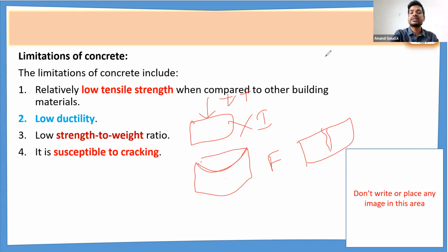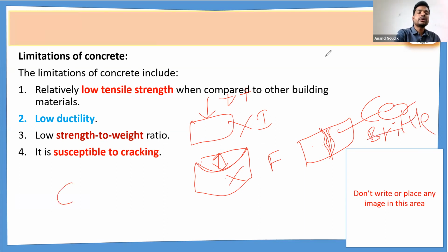See here, this much deformation you got for ductile material, but in concrete or any ceramic material you are not going to get this deformation. This is the failure pattern. Directly you are going to get a crack in the concrete. So this is called a brittle material.